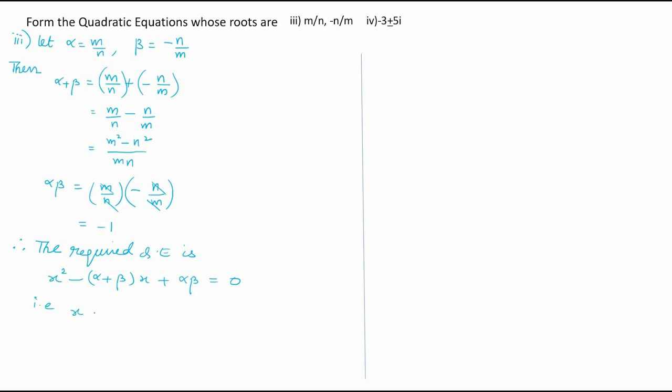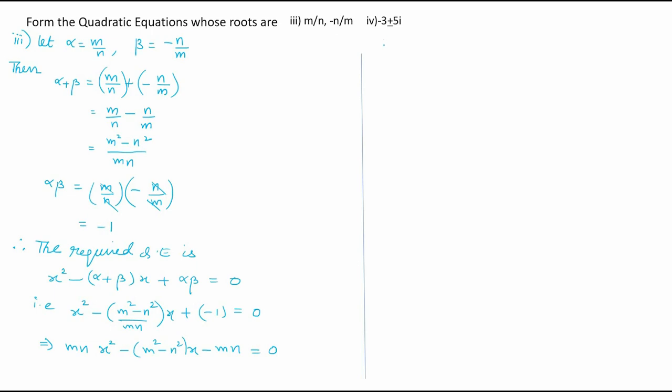That is x square minus of m square minus n square by mn into x plus alpha beta value minus 1 equals to 0. Either you can leave it here, or you can also write by taking the LCM or cross multiplying with mn. So you have mn x square minus of m square minus n square into x minus 1 into mn is minus mn equals to 0. So this is your required quadratic equation.